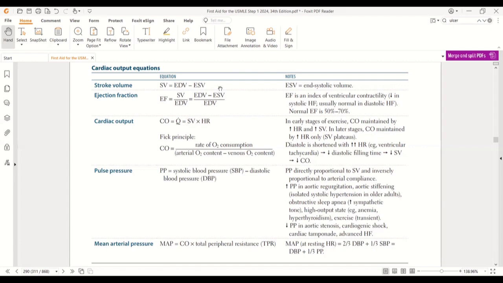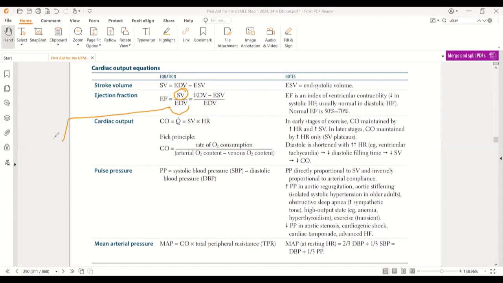Okay, so the ejection fraction. The ejection fraction is basically stroke volume divided by end diastolic volume. End diastolic volume determines which thing?